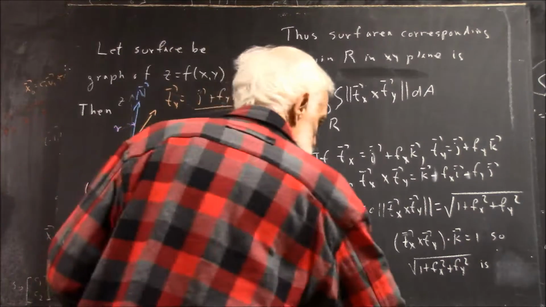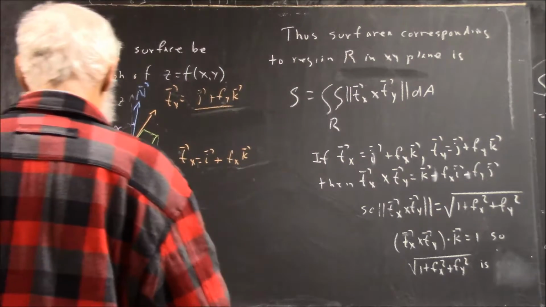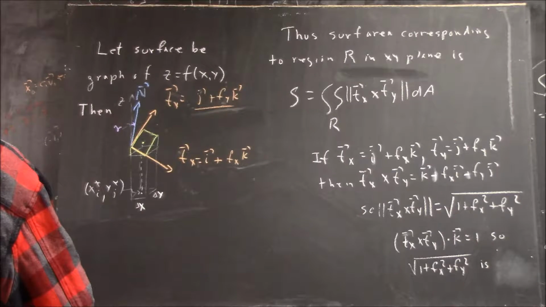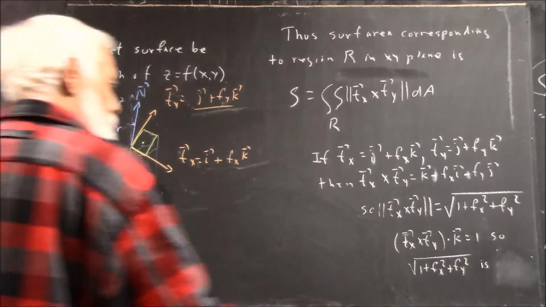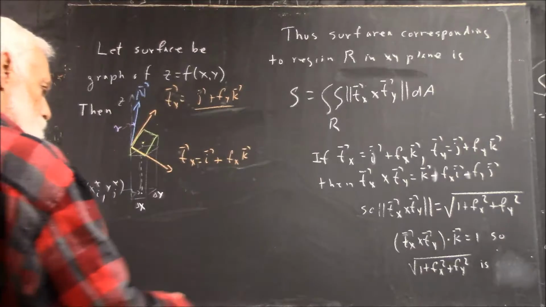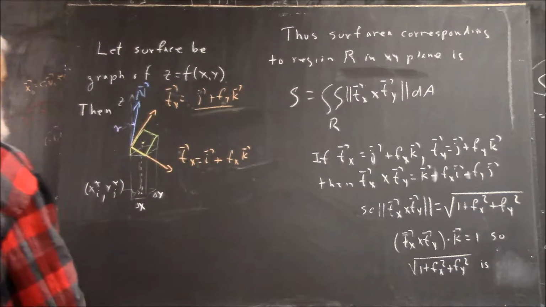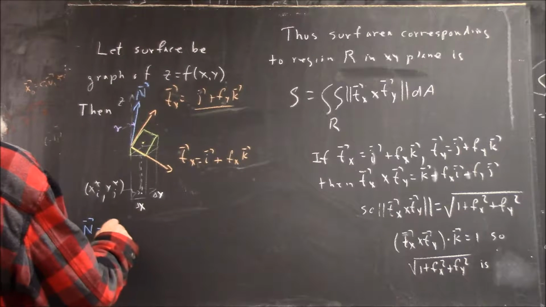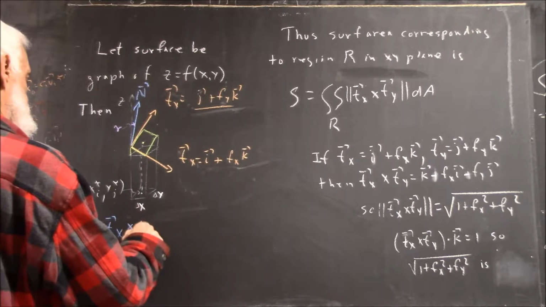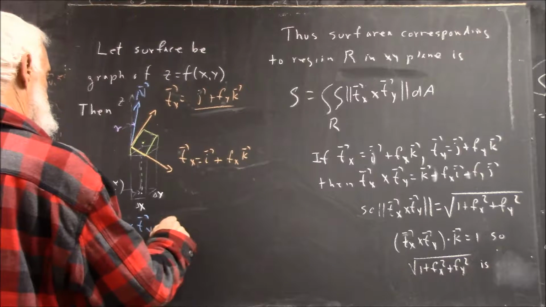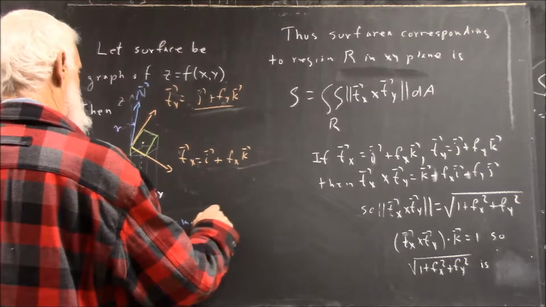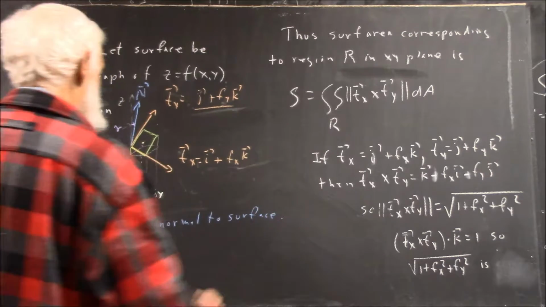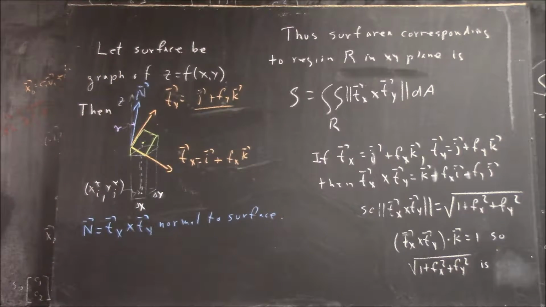One other thing I wanted to change here, I've got this n here, and that would be a normal vector, so I'm going to leave it as n. Okay, it's normal to the surface.